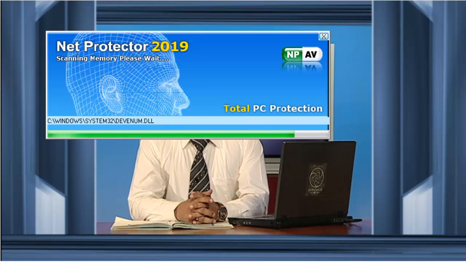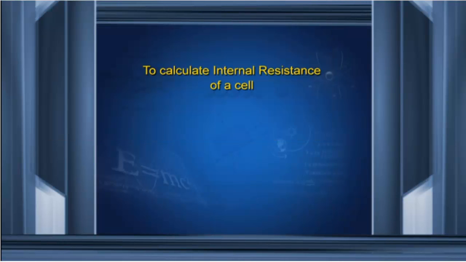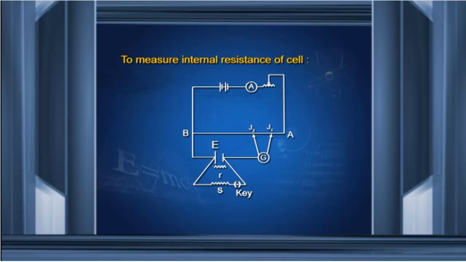Now, there is another experiment in the physics lab which is used to calculate the internal resistance of a cell using a potentiometer. Here is a diagram for measuring it. The cell whose internal resistance is to be measured is connected with its positive terminal at point B of the potentiometer, and a series resistance S is connected with the key.